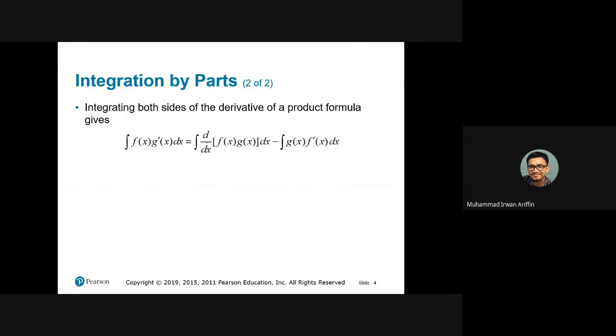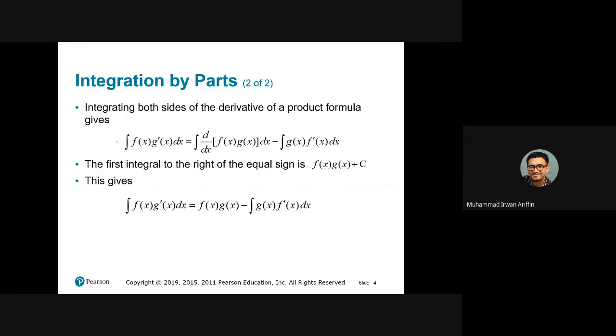This is the derivative of the product, and then we integrate it, so the integration cancels out the derivative and leaves us with the original function itself. The derivative and the antiderivative cancel each other, so we get f(x)g(x), the original functions, and we are left with this equation.